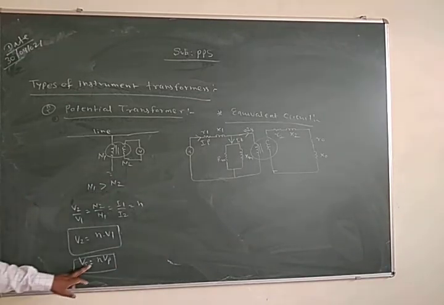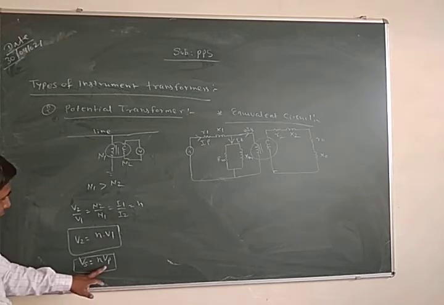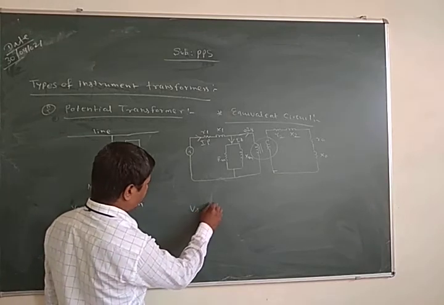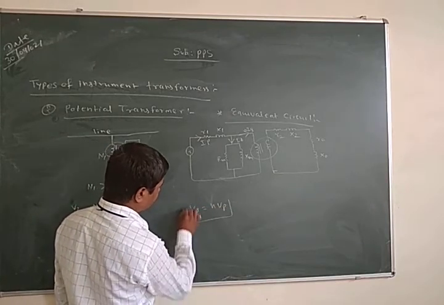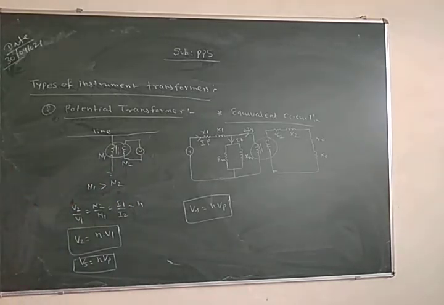If we know the primary voltage of the circuit, then we can calculate secondary voltage Vs, that will be equal to N times of Vp. From transformation ratio, error can be obtained.